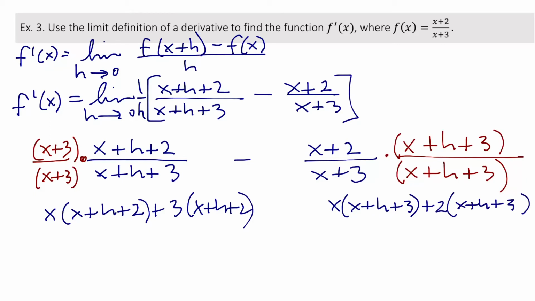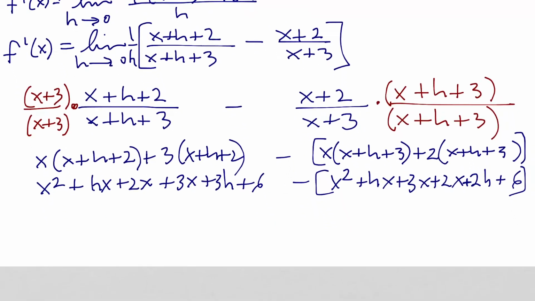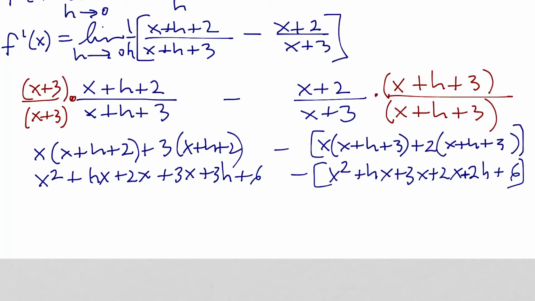All right, so this is x squared plus, let's see, hx plus 2x, 3x, 3h, 6. x squared, hx, 3x, 2x, 2h, and 6. All right, so now we can get that all together and see what we have as a numerator. And then we'll put the function back together.